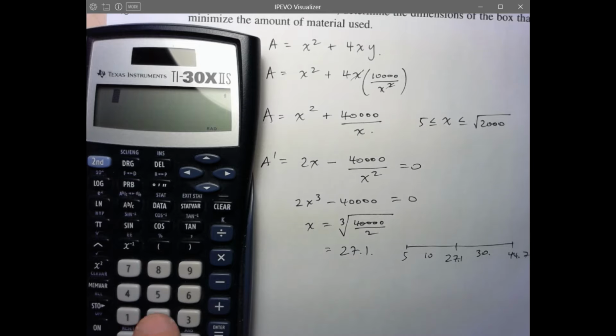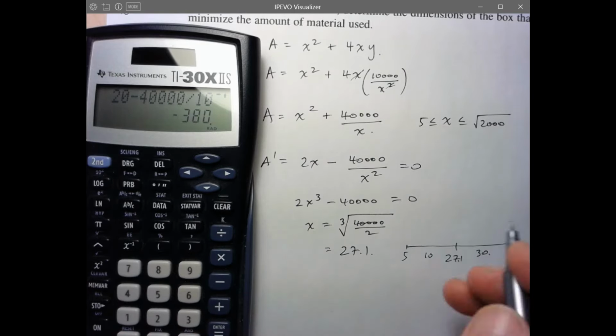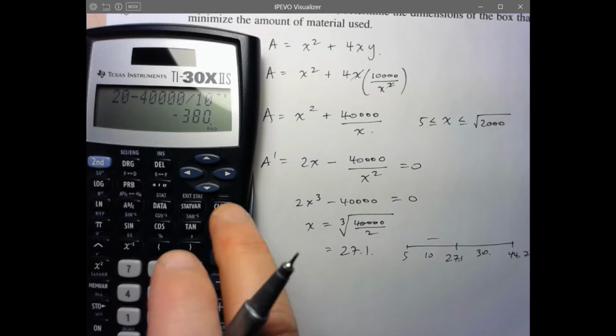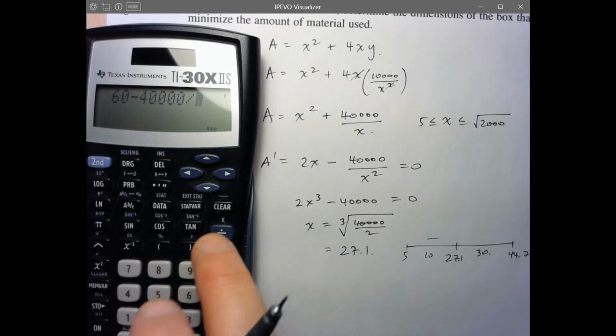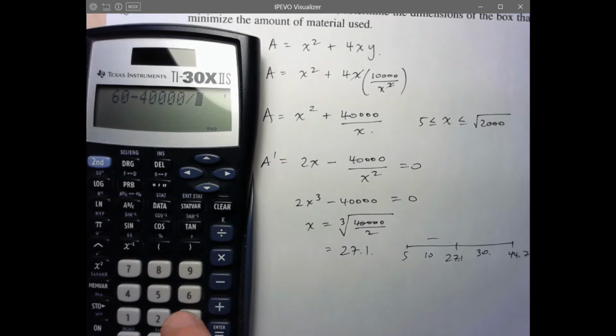So I've got 2 times 10, so 20 minus 40,000 divided by 10 squared, 100, and I have something negative. And then here we've got 2x, so that's going to be 60 minus 40,000 divided by 30 squared, and we see we have something that's positive.